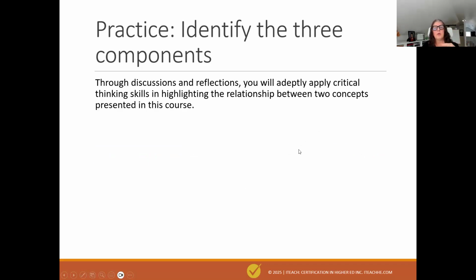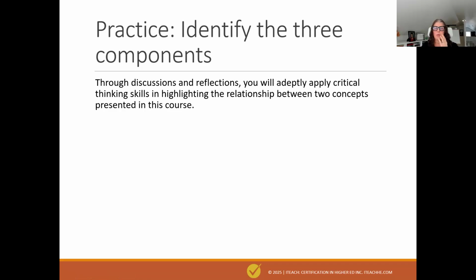Okay, so this one: through discussions and reflections, you will adeptly apply critical thinking skills in highlighting the relationship between two concepts presented in this course. Okay.